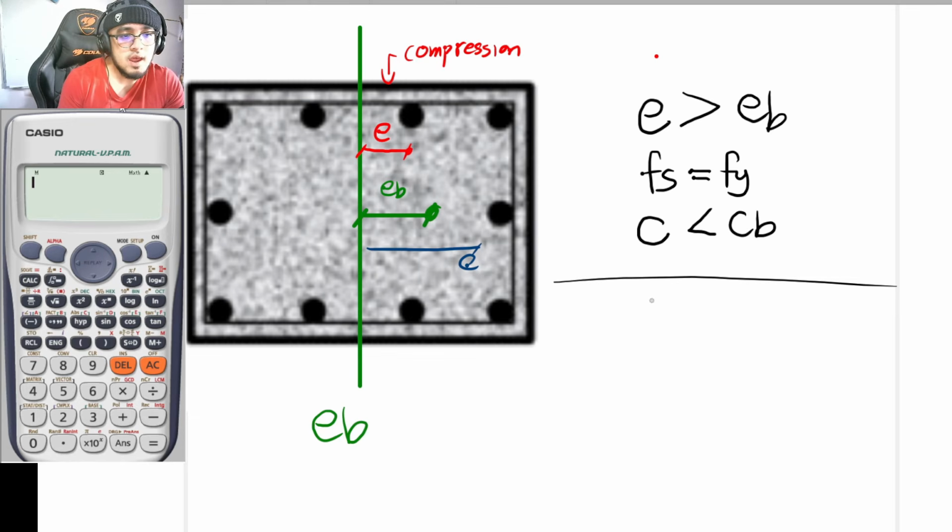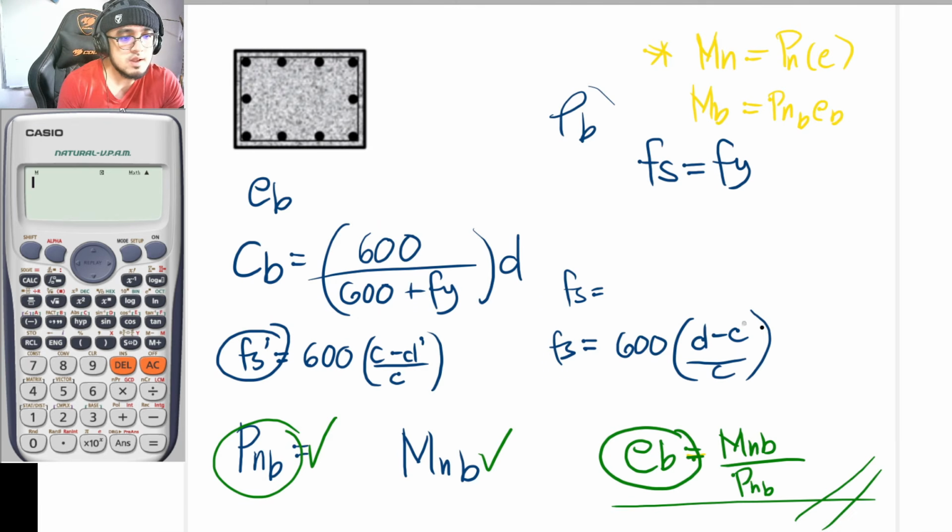And if your e is less than your e balance, which is the case here, which is red, it means that your fs, or your tensile steel, did not yield. So fs is now less than fy. From that guys, you will now be solving for your fs in this manner.